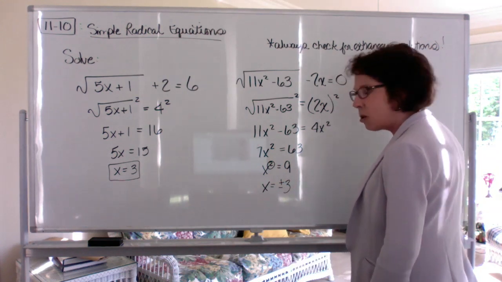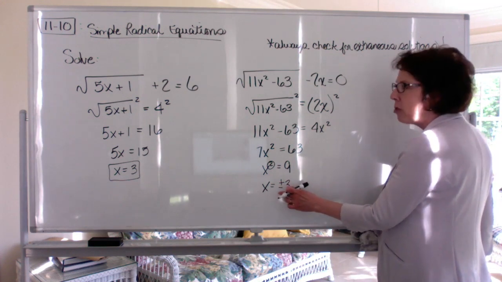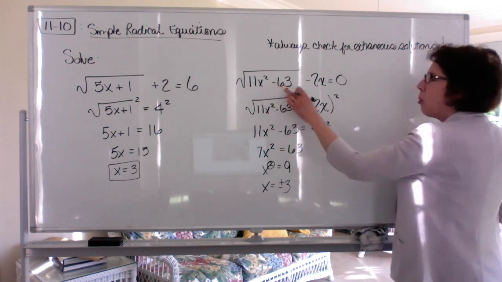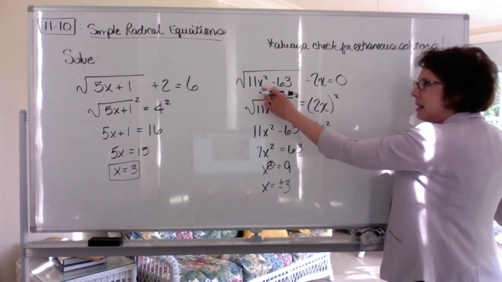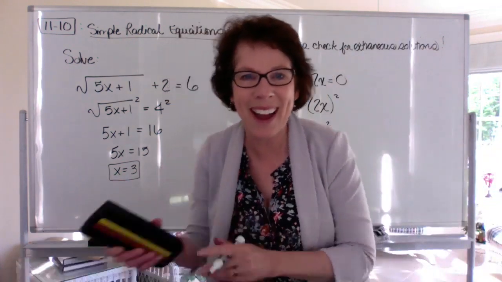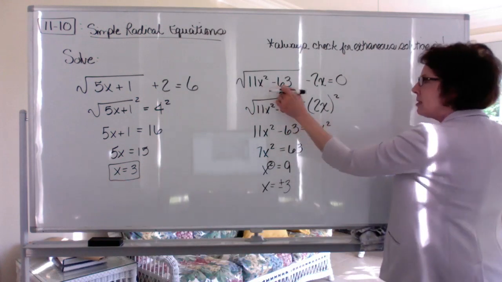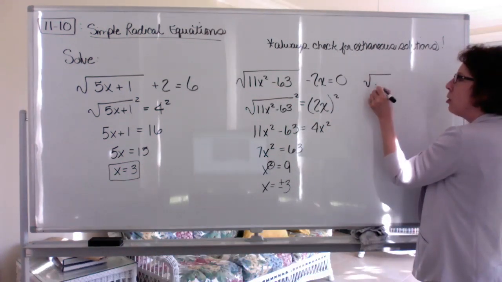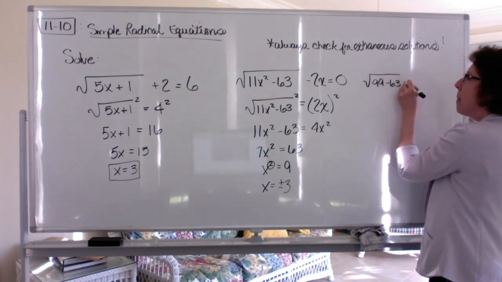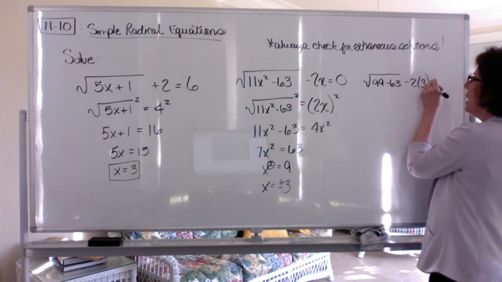Now, let's plug both of these in and see if both answers work in the original equation. Over here, I have 11 times 3 squared. I might need my calculator here. So I've got the square root of 99 minus 63, minus 2, and remember, I'm using my positive 3, equals 0.